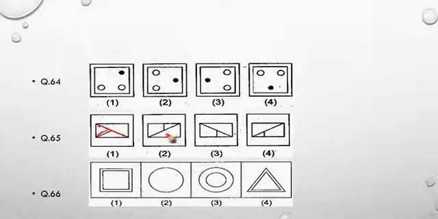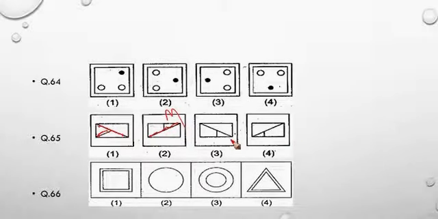In case of problem figure 2, the outer design is the same and the line which is joining the 2 corners is also similar, but the line which is coming from the center towards the side is not the same. It is not from the corner, it is coming from the middle of the side.